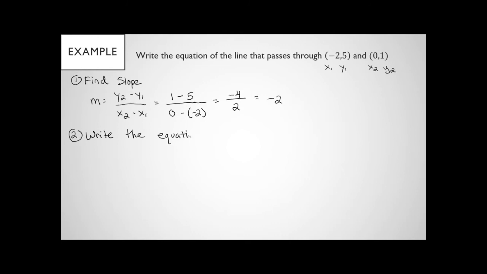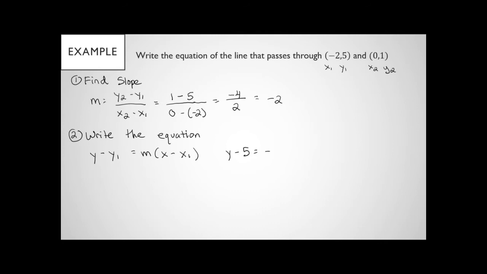And this is where we're going to use our point slope form. So point slope form is y minus y1 equals m times x minus x1. So I'm going to write this to the side, y minus, and we're going to use the same y1 that we have as our ordered pair. So I'm going to use 5, because that's what I labeled as y1.